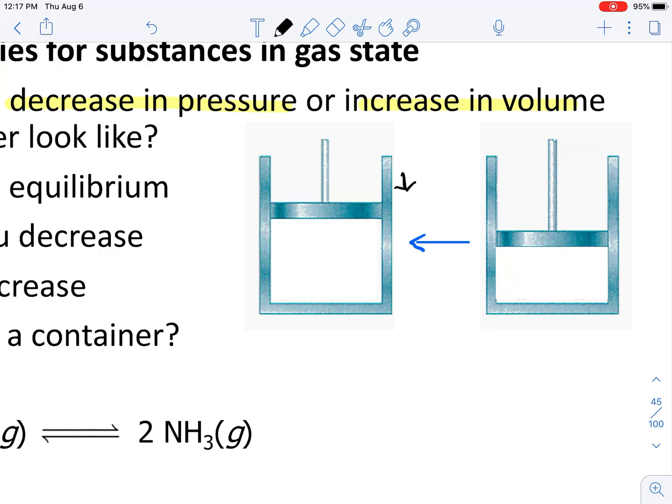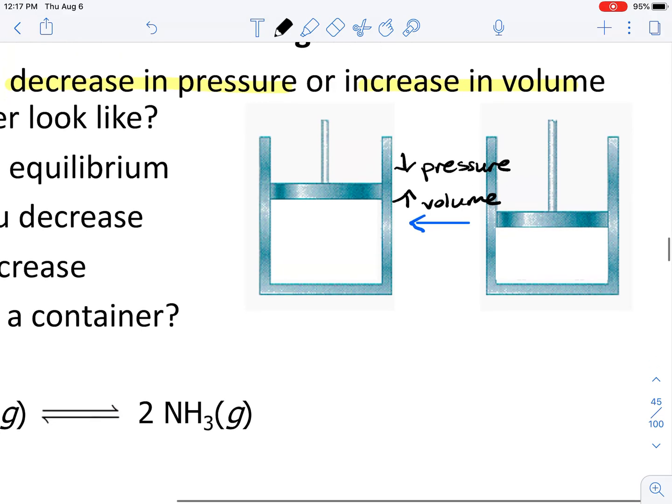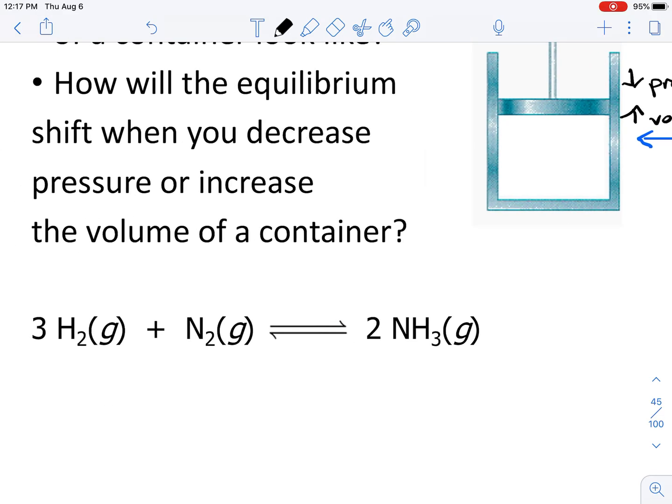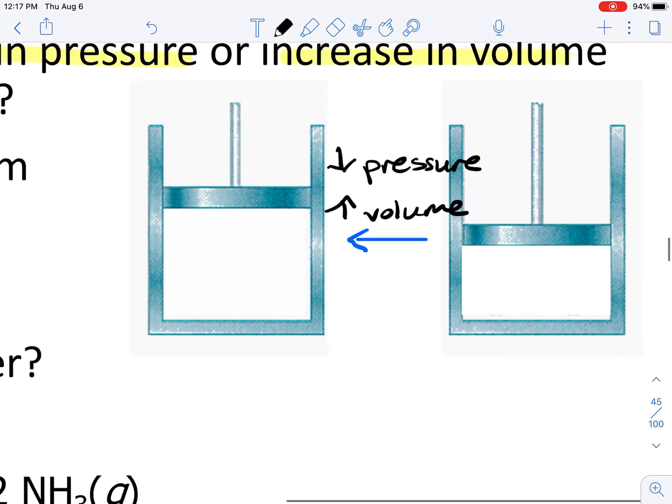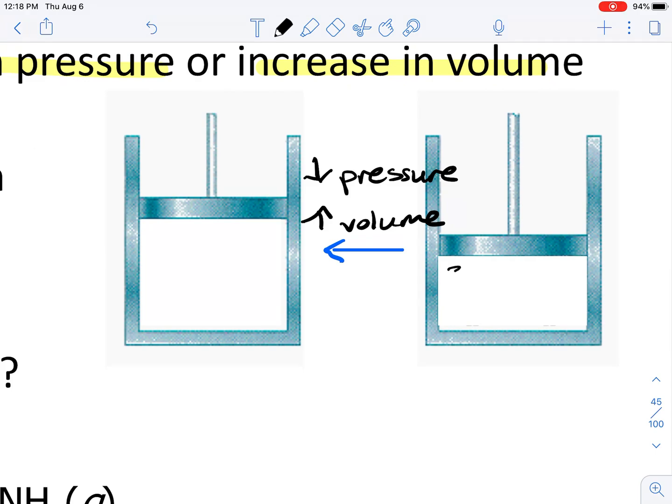So here we have a decrease in pressure and an increase in volume, as we go from right to left. And once again, we're going to work with the same number of gas particles. And so here I have 3 H2s, 1 N2, and NH3.